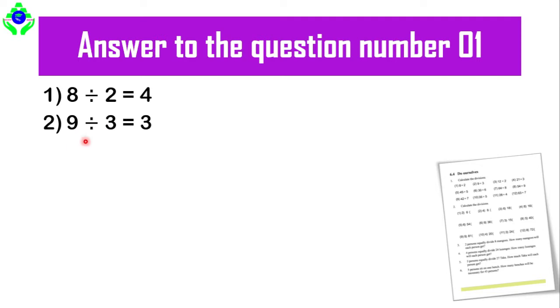That means 4 times 2 is equal to 8, and 3 times 3 is equal to 9. As I mentioned earlier, multiplication is the reverse process of division. That's why when we divide a number and find a result, if we multiply that result with the second number, we can find the first one.